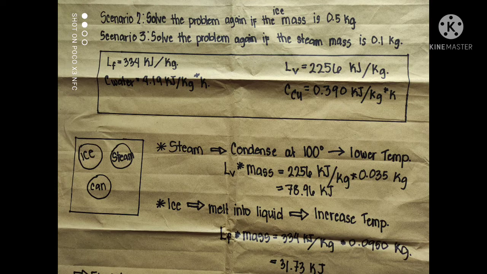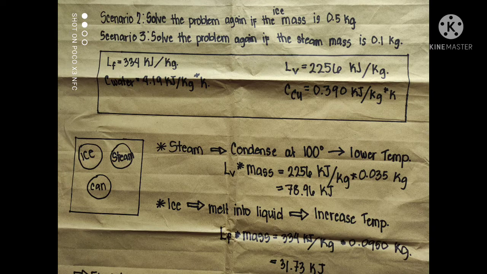So we have 2,256 kilojoules per kilogram, multiplied by 0.035 kilogram, and that comes out to be 78.96 kilojoules. Let us put that answer down so that we can remember. What's next? The ice will first need to melt into liquid water before it can increase its temperature.